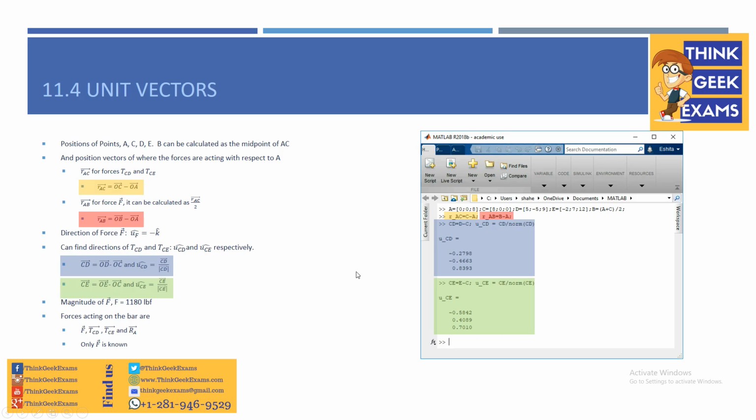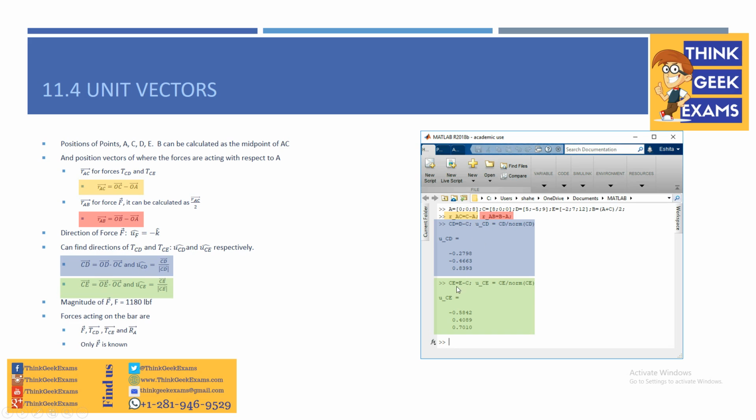So moving on, these are basically the calculation in Matlab. So we know that RAC is OC minus OA, so we calculate that. RAB is B minus A, we calculate that. And then UCD, we use the CD vector, and the CD vector is D minus C right there.